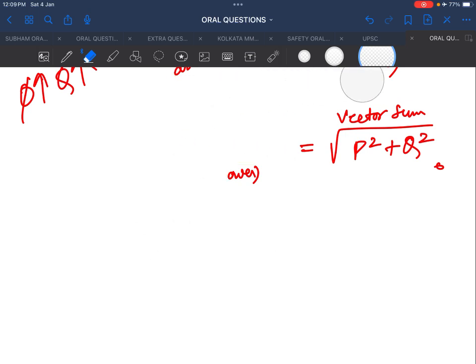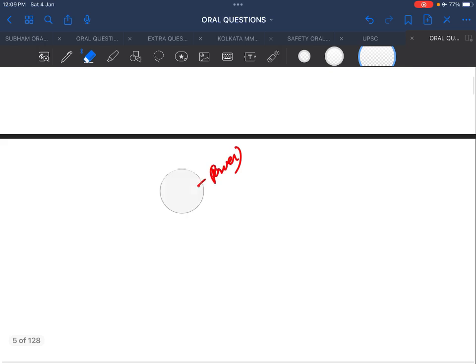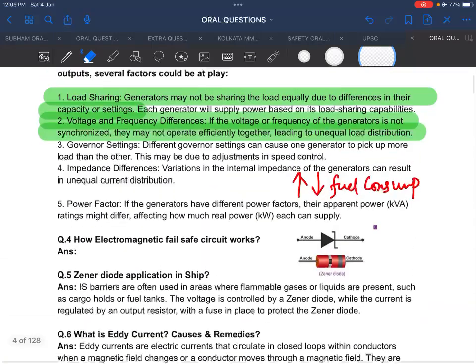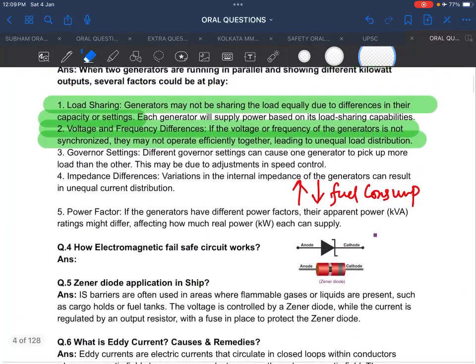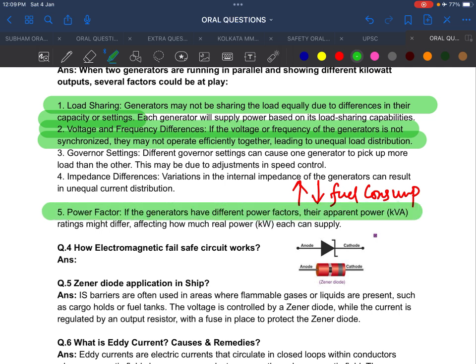Now I will remove everything. Hope you guys understand it very well. Okay, now everything is okay. And here the last one is the power factor. I already informed you that power depends upon VI cos phi for single phase, and for 3 phase it is √3 multiplied.